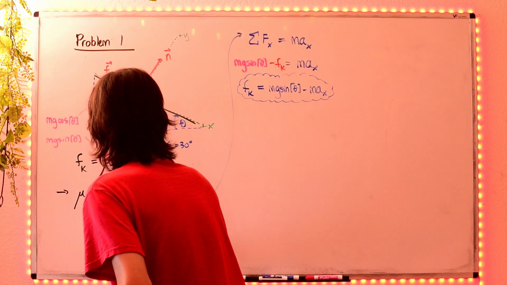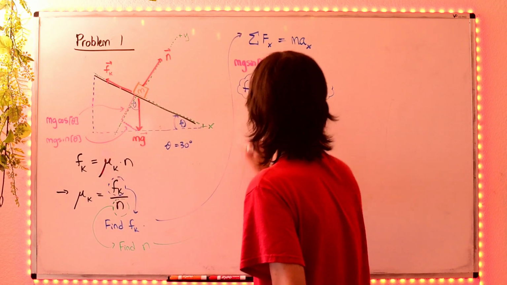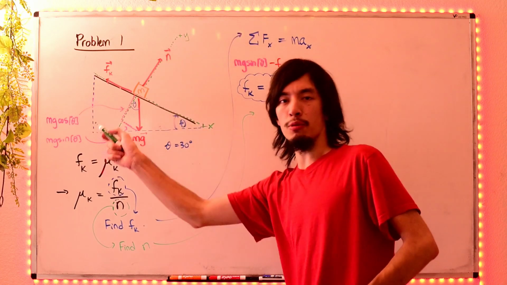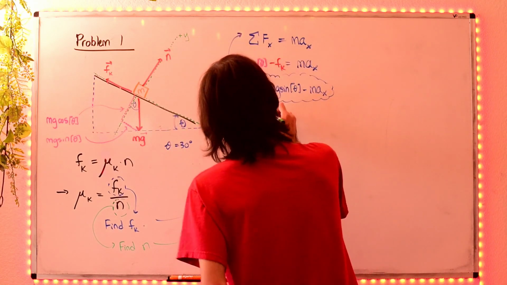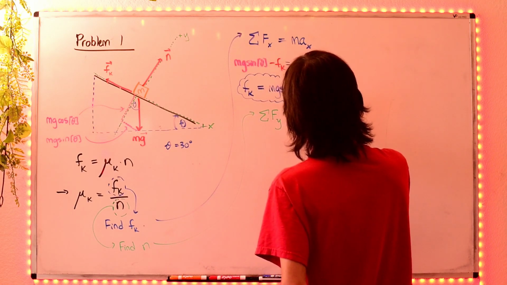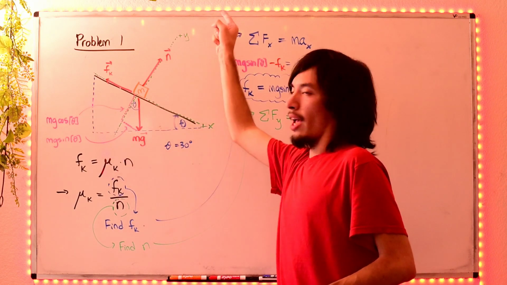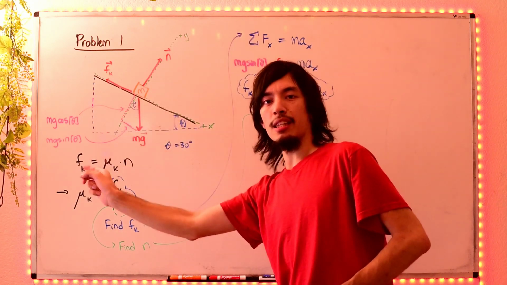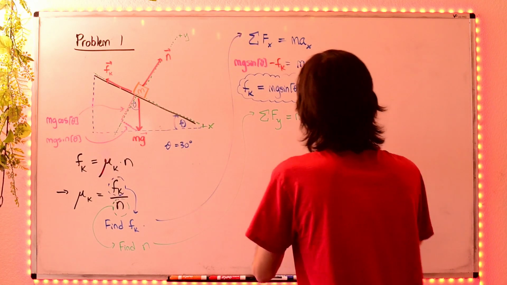So we're also going to go find the normal force, and we're going to look in the y direction to find it. So sum of forces in the y equals mass times acceleration y. No motion is ever expected along the y-axis in the problem, so we can get rid of the y acceleration.